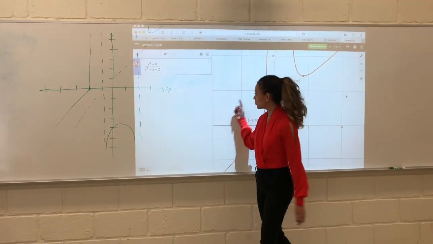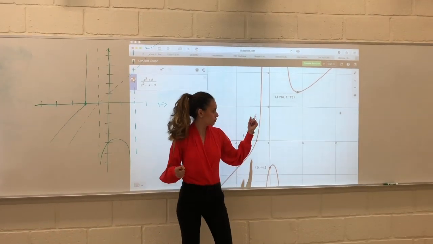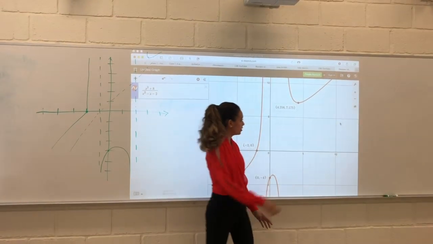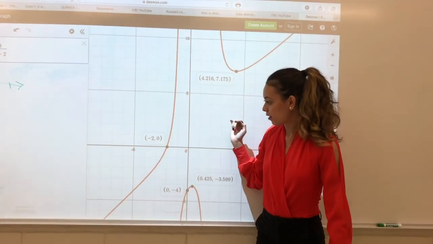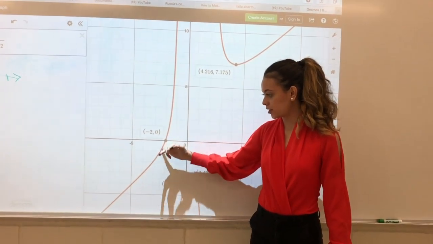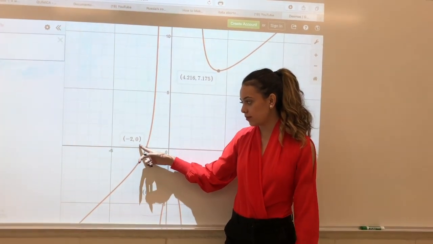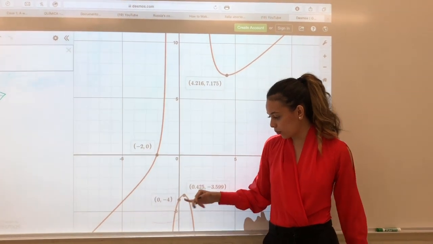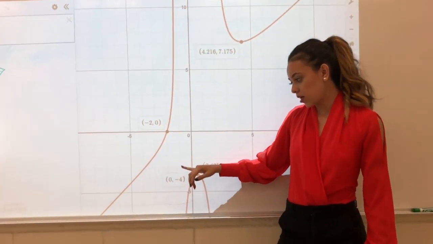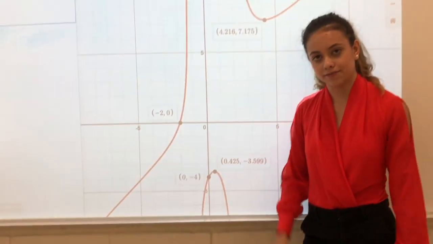The main difference between these two graphs is that this one is more exact. The key points of the graphs are the intersections. The x intersection is at (-2, 0), and the y intersection is at (0, -4).